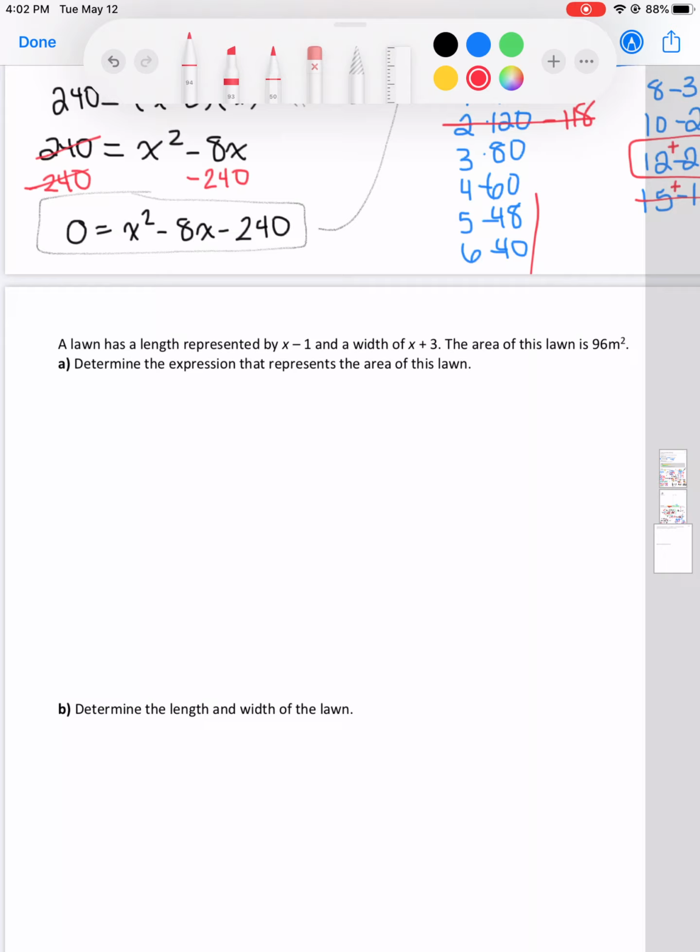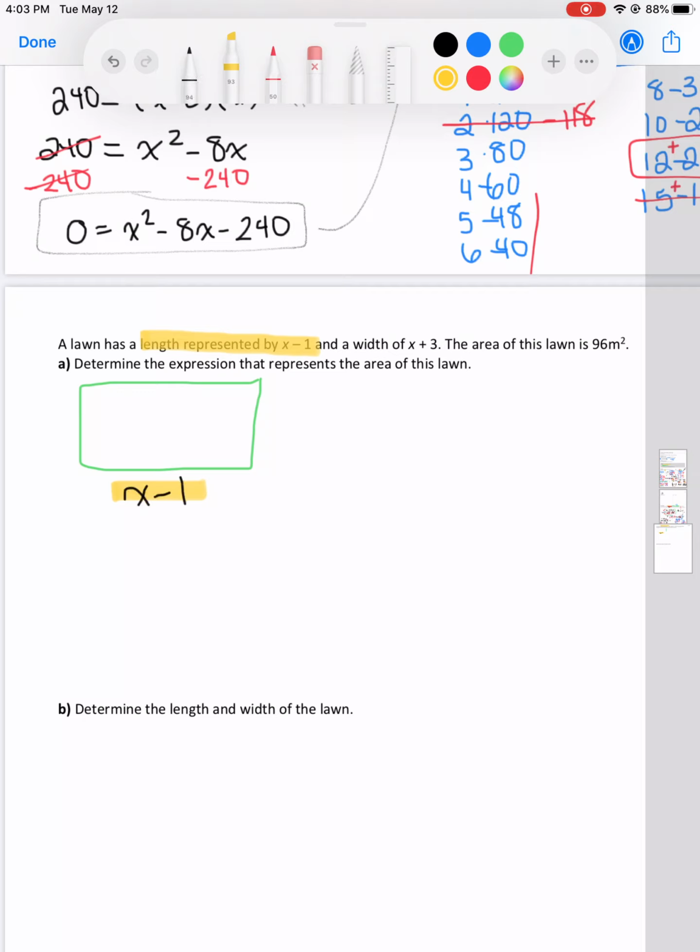Okay, so a lawn has a length represented by x minus 1 and a width, x plus 3. The area of the lawn is 96 meters squared. Determine the expression that represents the area of the lawn. Okay, it has a length represented by x minus 1. There's my length.